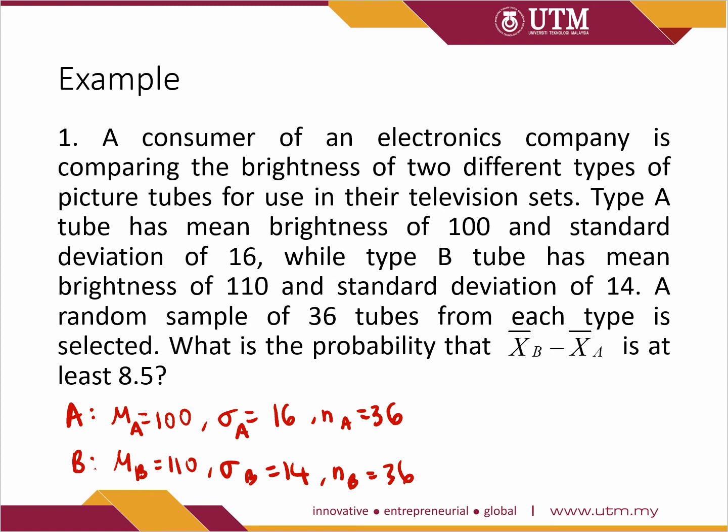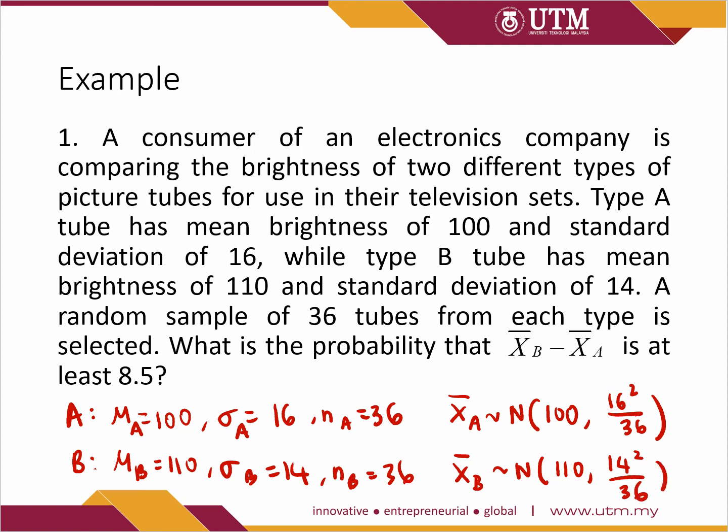So here we can find that x bar A follows normal, given the mean is 100 and the variance would be 16 squared over 36, and the sample mean from type B would follow normal, given the mean is 110 and the variance would be 14 squared over 36.